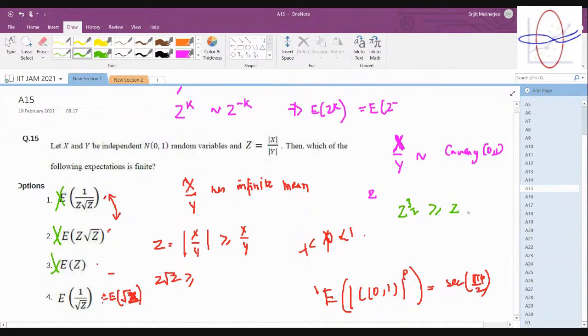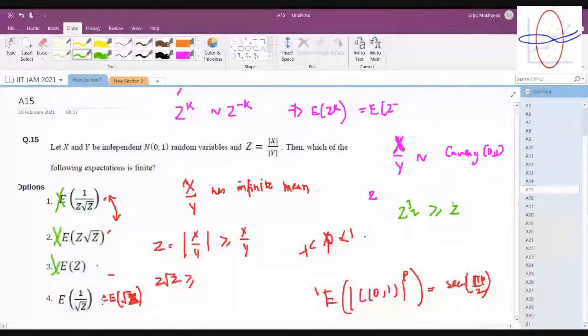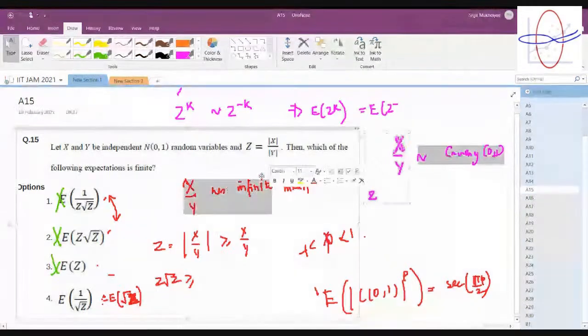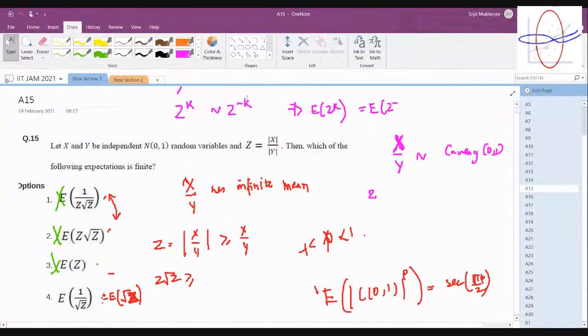So we cannot really tell that. That can be a regular subjective problem for you to understand why Z to the power k, where k is greater than 1, doesn't have a finite expectation. You can use results and inequalities to prove that.